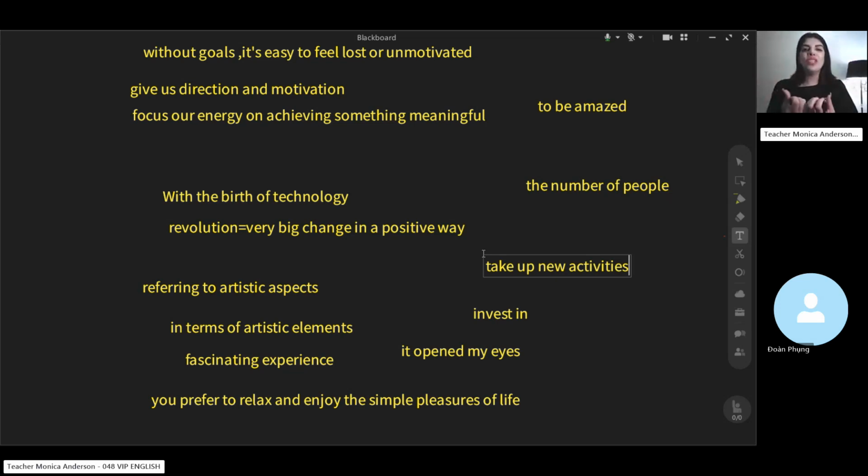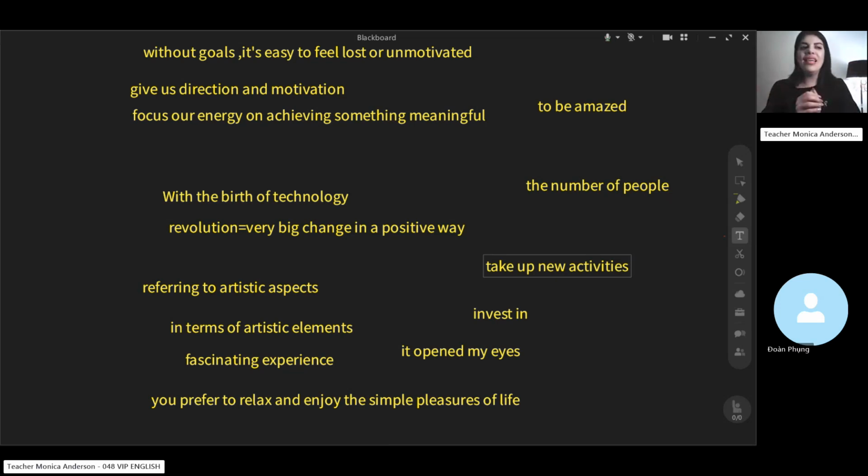Your answer is important: the ability to make a good response even if you have no idea about the answer. So I like the way that you made your answer. You can say, maybe take up new activities like gardening or painting or volunteering and enjoying the simple pleasures of life, which can be really pleasing.